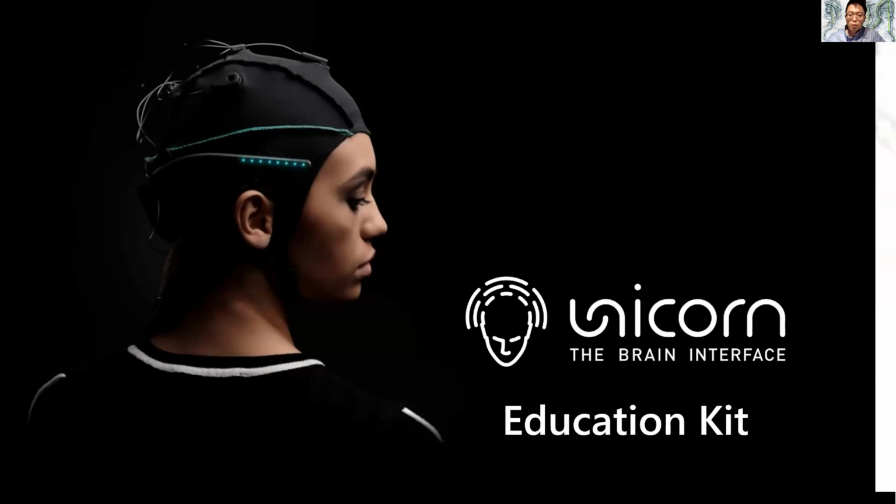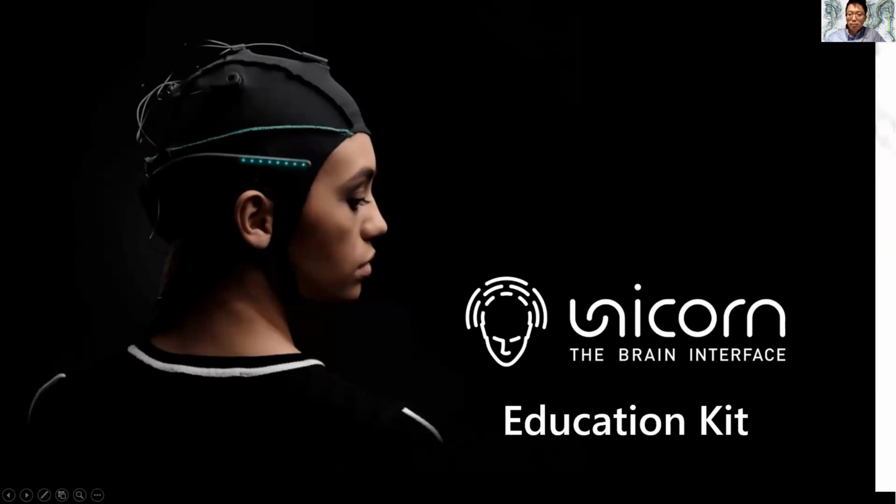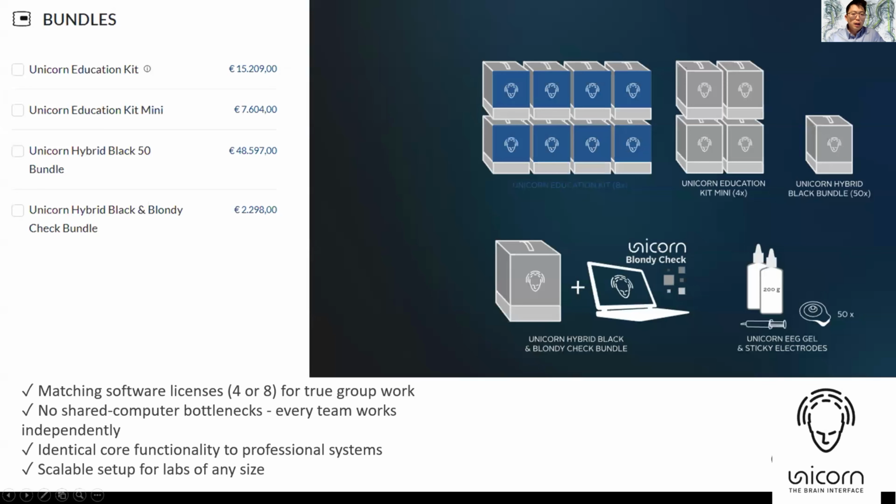This compact, classroom-ready solution preserves the core principles of our professional system while prioritizing accessibility and engagement. I will show you how this inspires future researchers while meeting today's teaching needs.